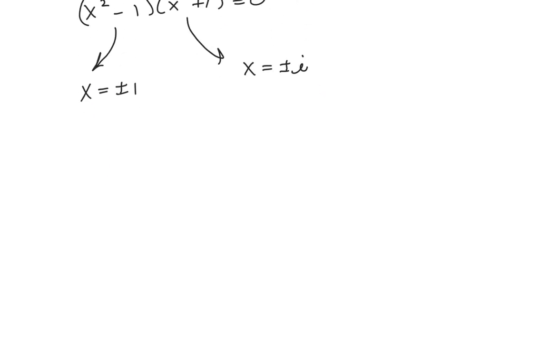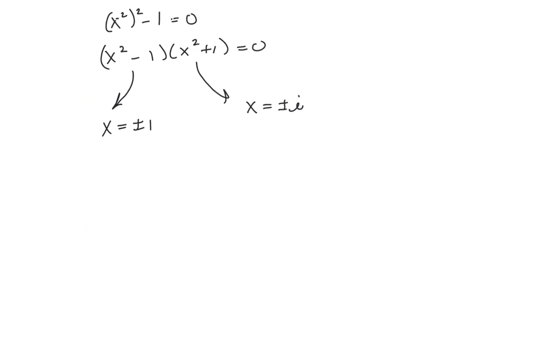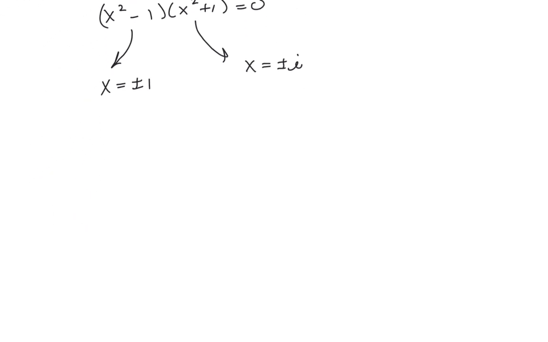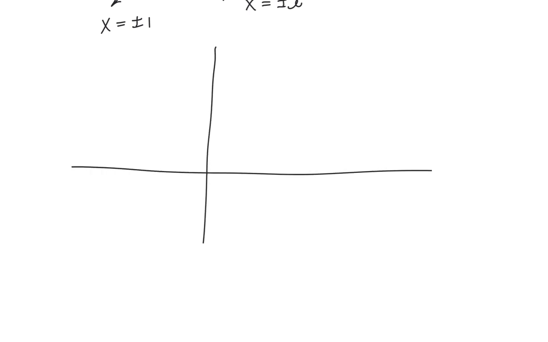So let's graph some of these on the complex plane. Not the solutions, but the complex numbers. I said I was going to graph these, and for some reason I don't have it here, so let's just talk about it. When we're graphing in the complex plane, this is the real part, this is the imaginary part. So if I wanted to graph a plus bi, then I'd come along here in the a direction, and I'd come along here in the b direction.